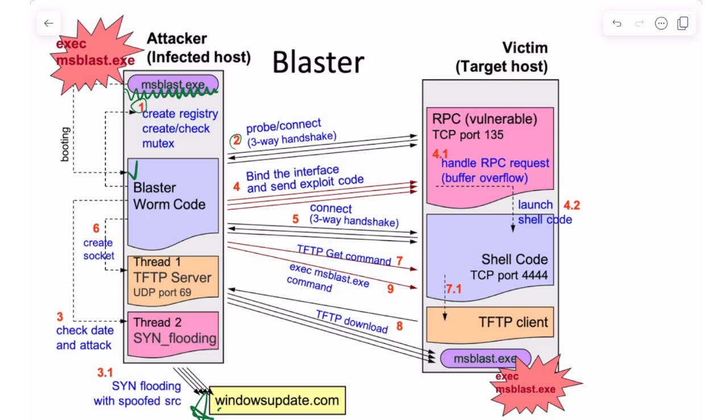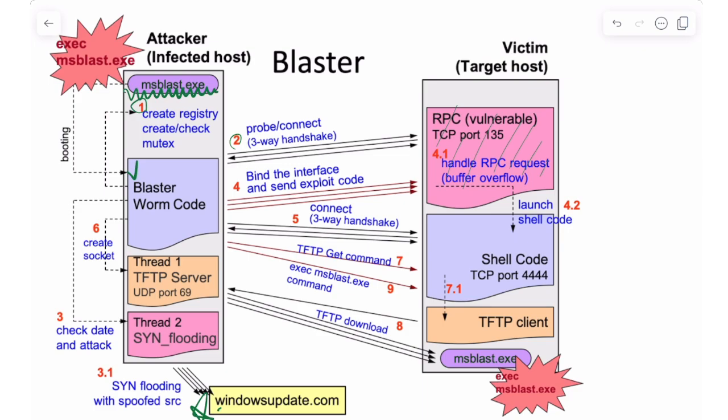That is, it randomly chooses 20 IP addresses and connects to them. In the early 2000s, there were a lot of Windows XP and Windows 2000 machines on the internet, and most of them had a service called RPC.